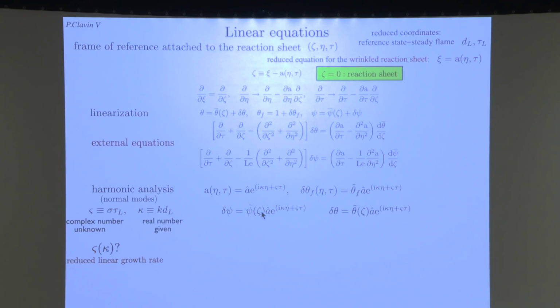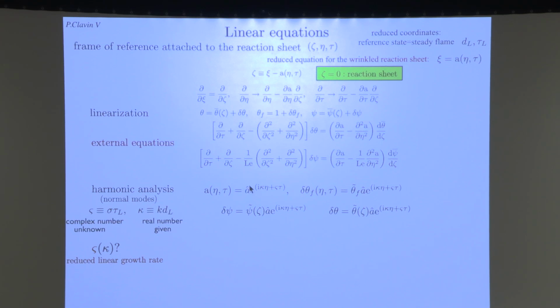So now you work in Fourier analysis in such a way that the perturbation of the mass fraction of the limiting component, you see what I do is I wrote first the flame displacement here, in terms of the Fourier transform of this amplitude, A, which is with a hat.